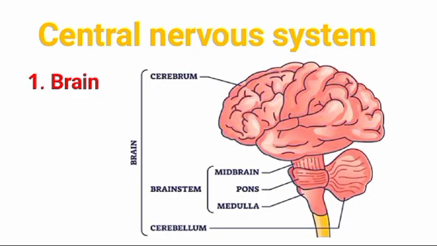It comprises several main regions like the cerebrum, which is the largest part of the brain, responsible for higher brain functions such as thinking, memory, and voluntary actions. And the second is the brainstem. The brainstem connects the brain to the spinal cord and controls basic bodily functions like breathing, heartbeat, and digestion.